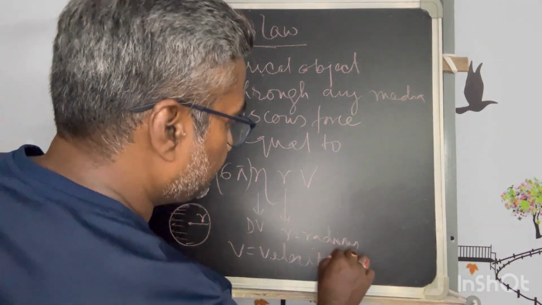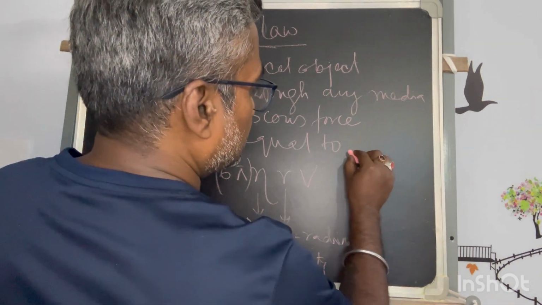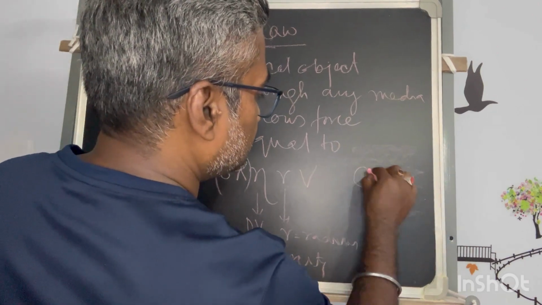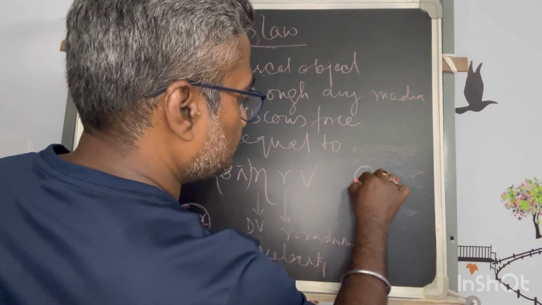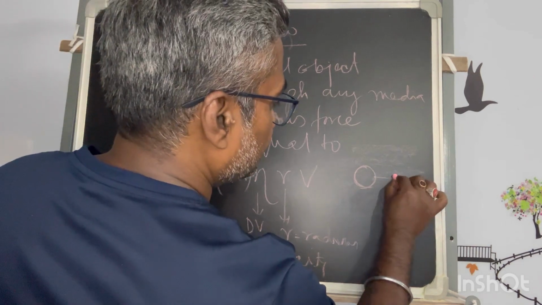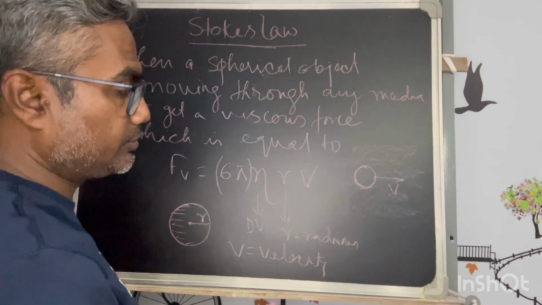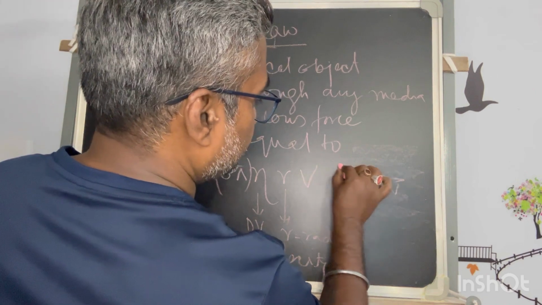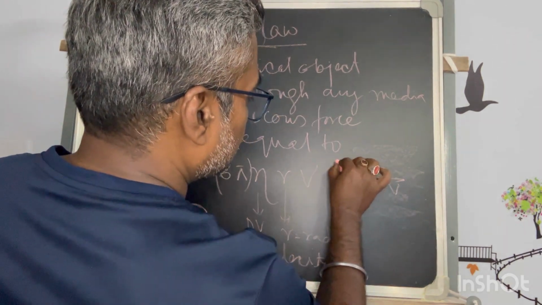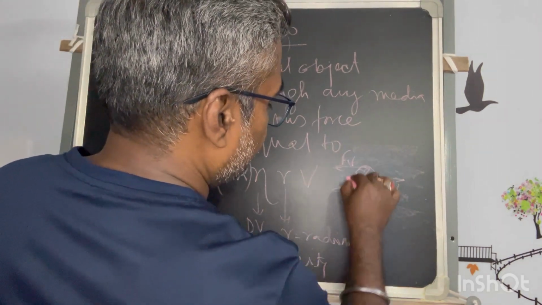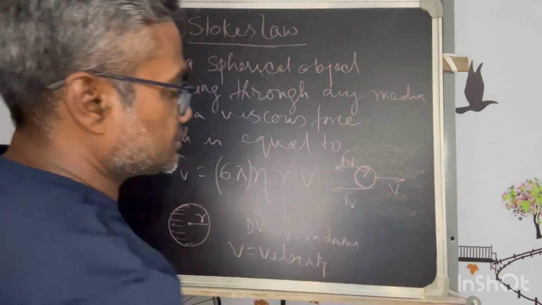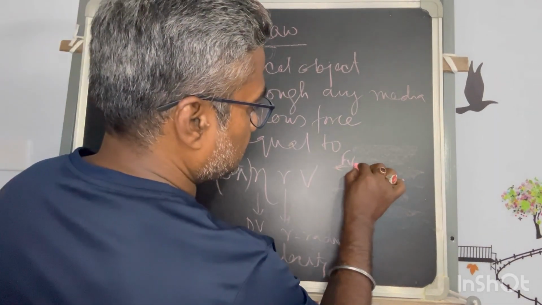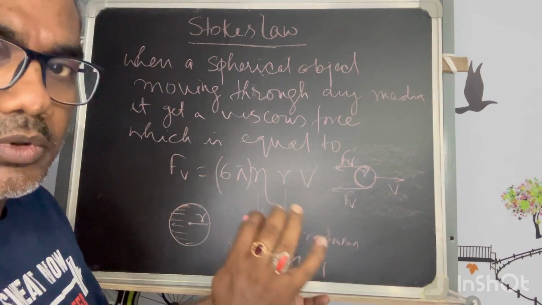So let's say this is some media through which a spherical body is moving with velocity v and radius r. This is getting a viscous force or frictional resistance force against the movement, and this resistance acts on the whole body.